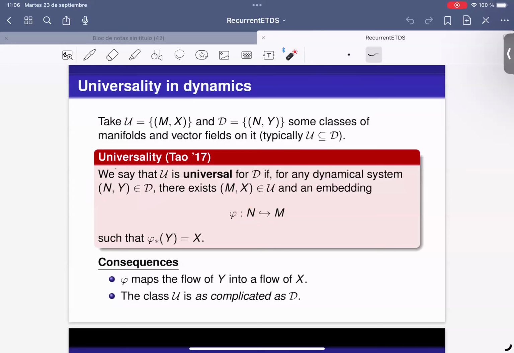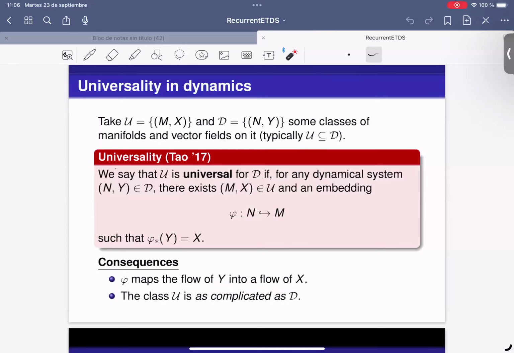Okay? And this property of universality is really important because it's telling you that obviously the flow of Y is mapping to the flow of X. So it's like you have M with a much bigger dynamics, and inside it you find a copy of N that has the prescribed dynamics, the dynamics that you want to represent.